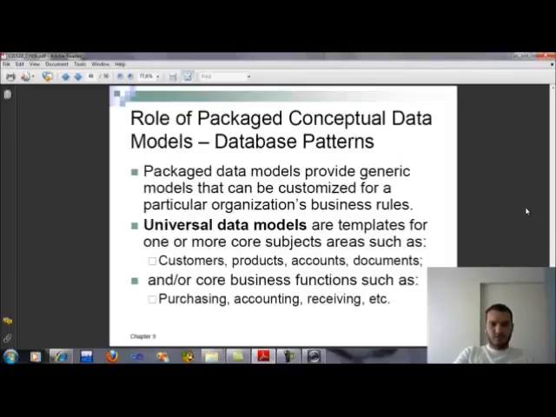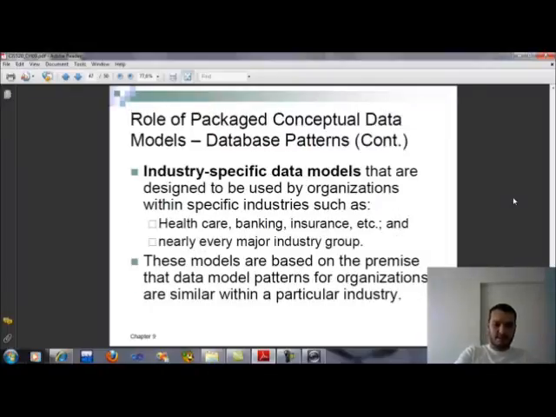And the role of packaged conceptual data models, database patterns. A packaged data model provides generic models that can be customized for a particular organization's business rules. Universal data models are templates for one or more core subject areas such as customers, products, accounts, documents, or core business functions such as procuring, accounting, receiving, and so on.